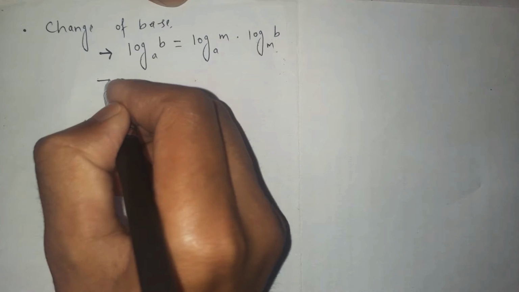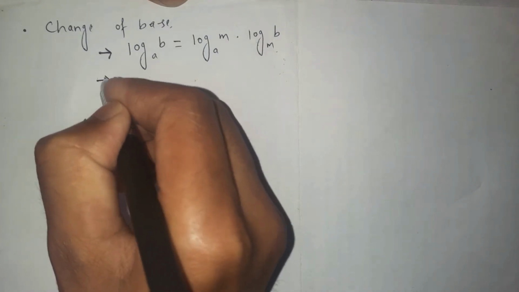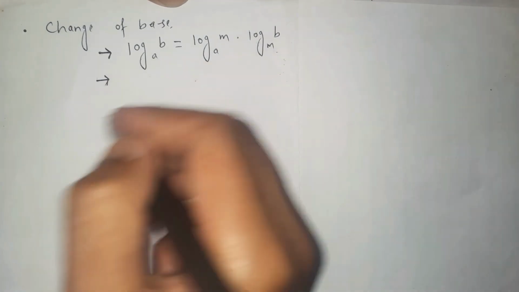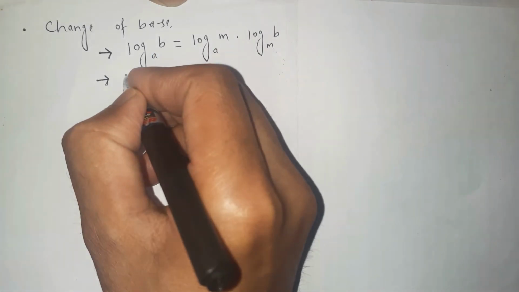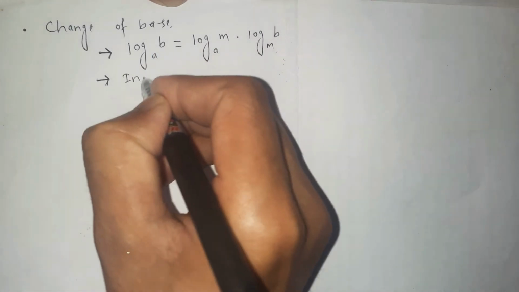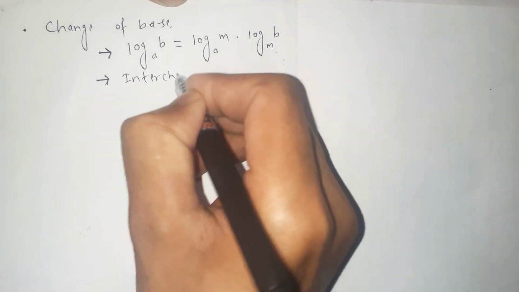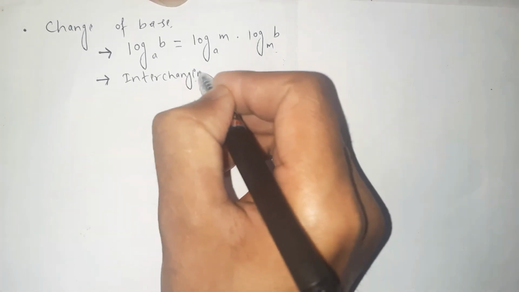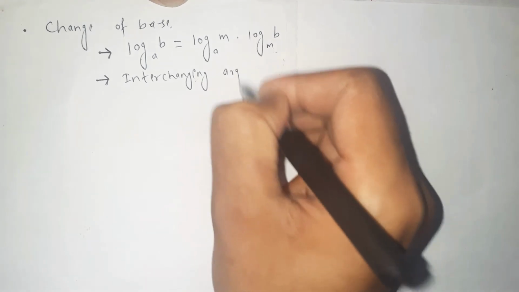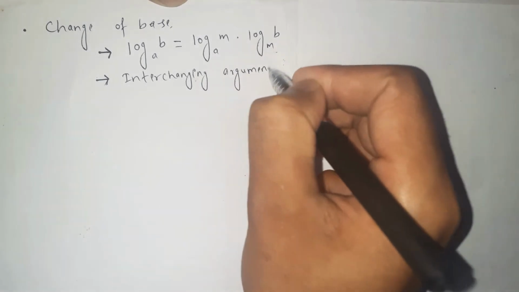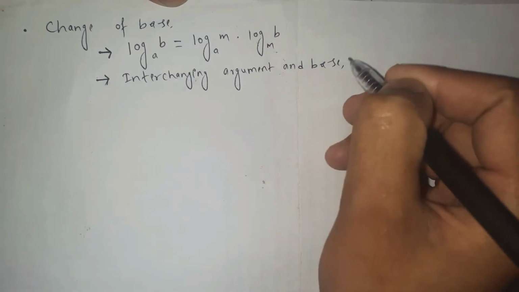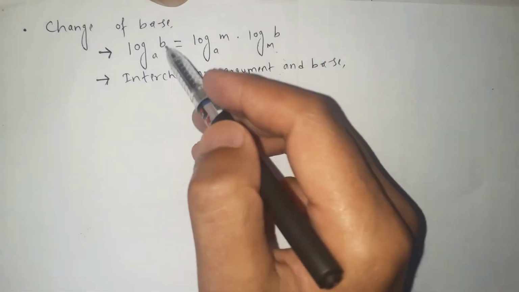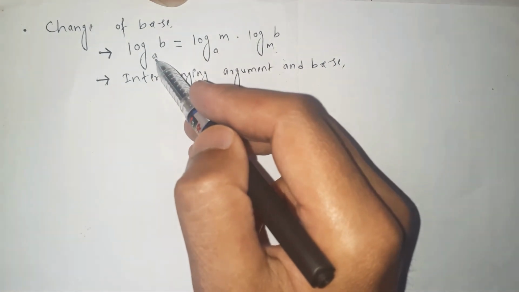And the second very important property on the log is the interchanging of argument and base. We can interchange the argument and base. Here the argument is b and here the base is a.